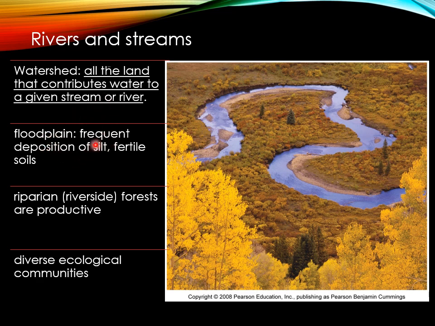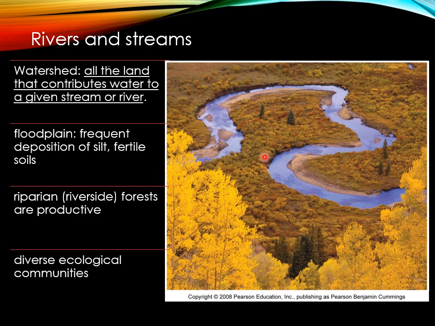The floodplain is the area where a river might flood, so maybe seasonally or yearly, and that area is going to be very fertile because of the deposition of silt and sort of nutrient-rich sediments. And so that riparian, or riverside, forests are very productive.